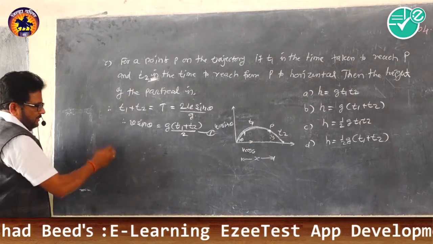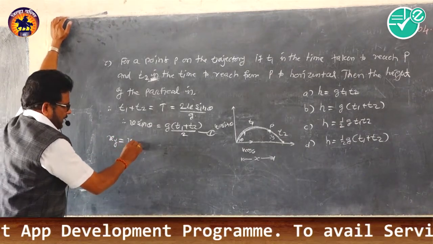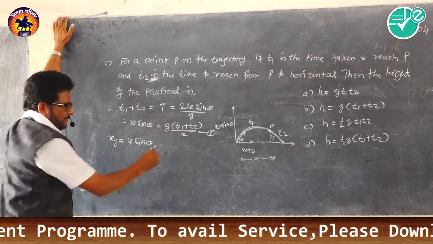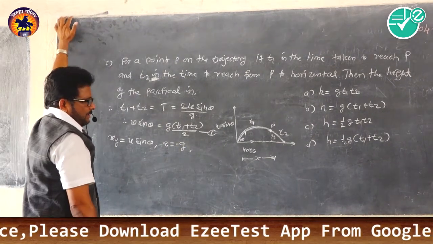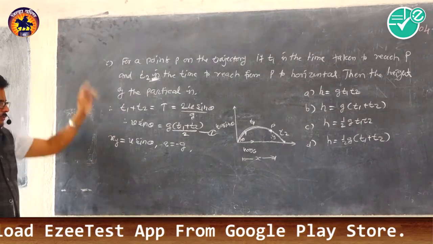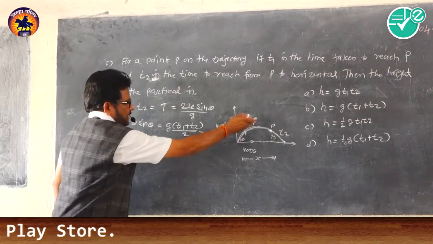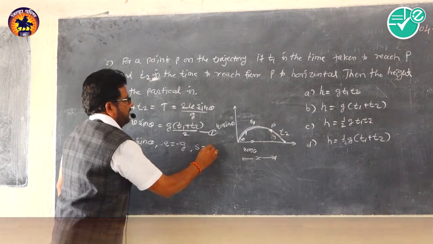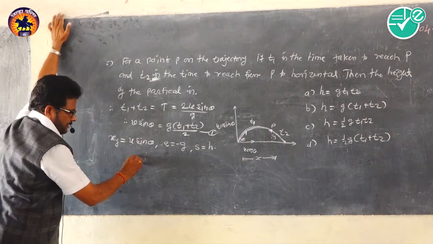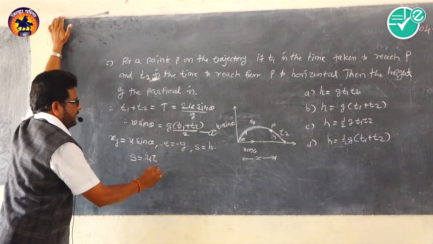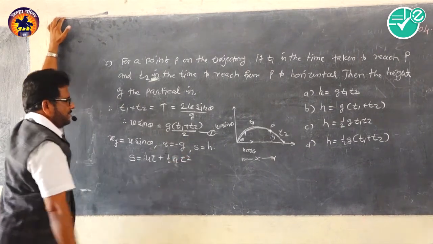So for this, here uy is equal to u sin theta, gravity a is equal to minus g, displacement S is equal to H. Then using the kinematical equation, S is equal to ut plus half a t square.